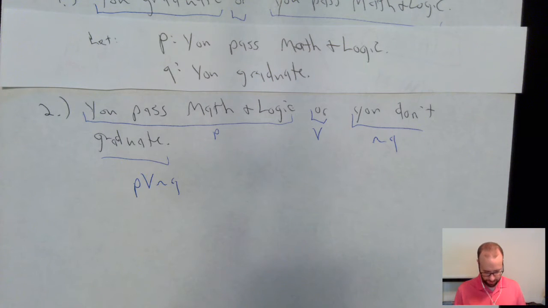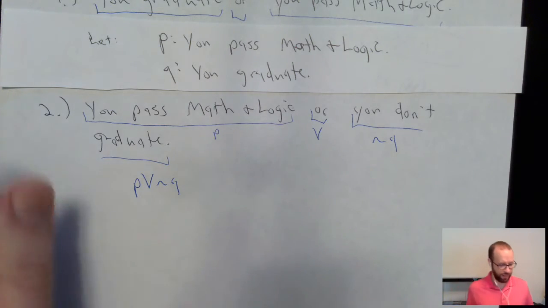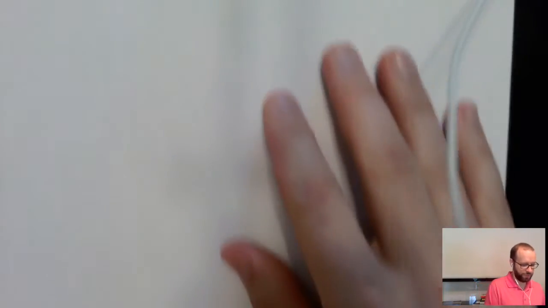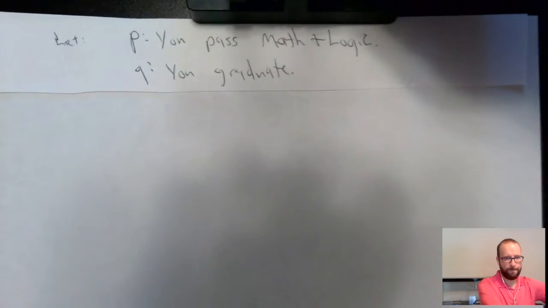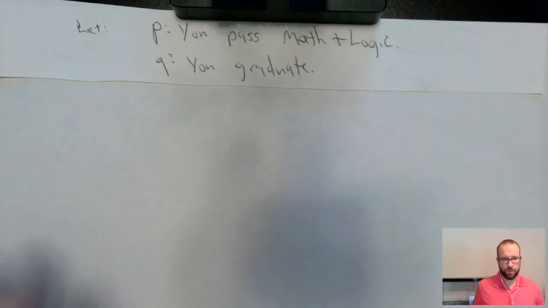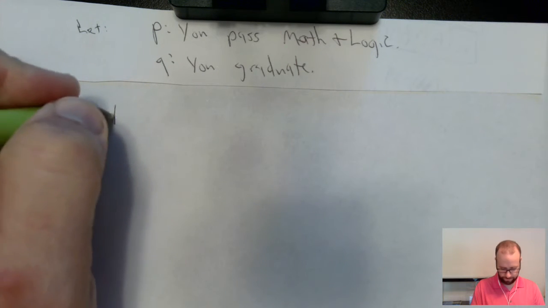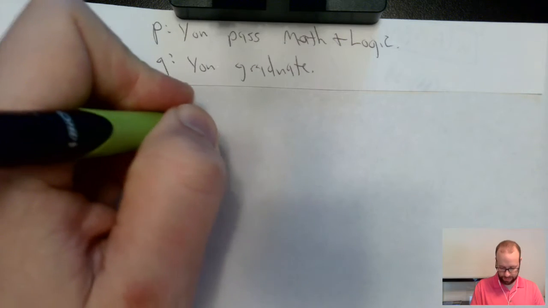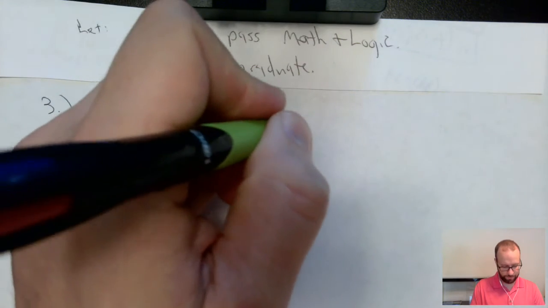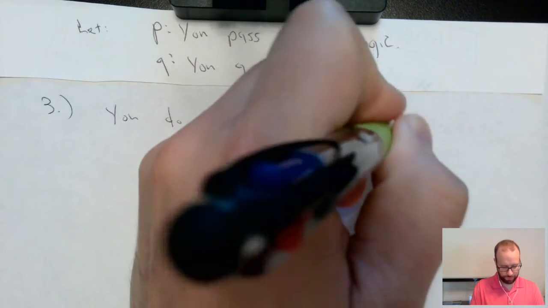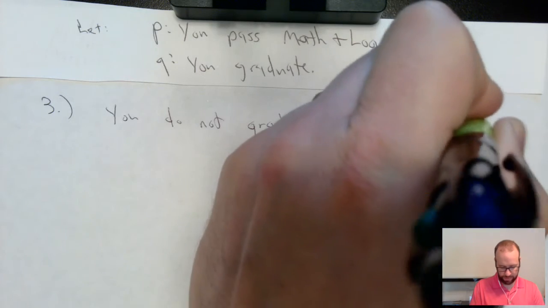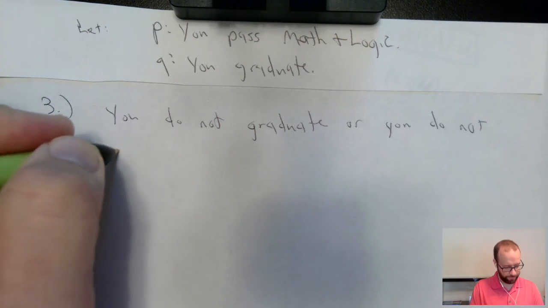Okay, if you feel like you're getting this good, that's great. I want to introduce something else important, and so we're going to do a little mixed practice one here. So let's do you do not graduate or you do not pass math and logic.